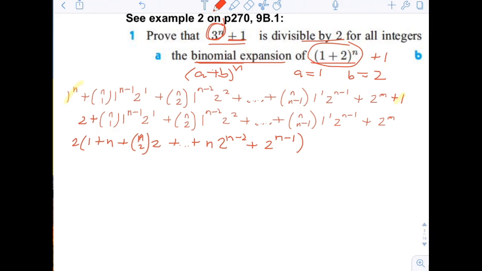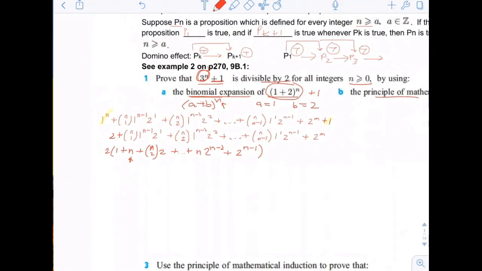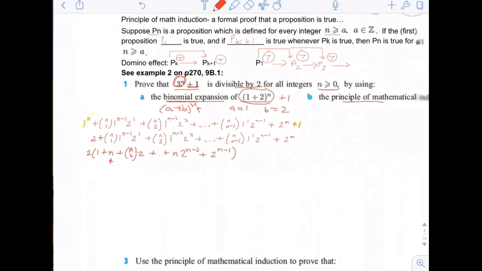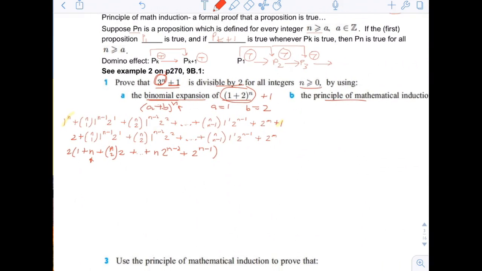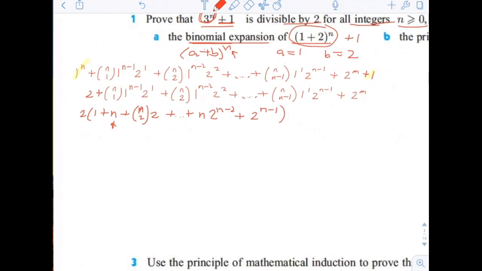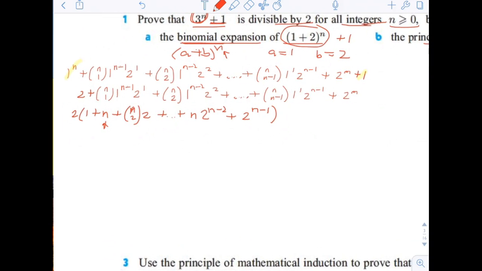Okay? And then if we take a look at this, we know that n is an integer, right? Because they said integer is n. So n is an integer, so that's an integer. N choose 2, integer choose 2, that's also an integer. 2 is an integer. Integer, 2 to the n minus 2.